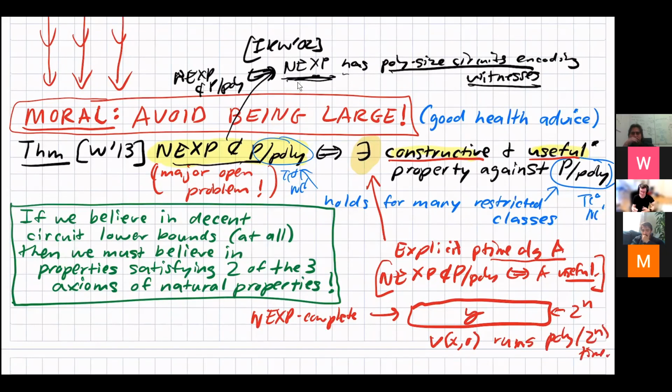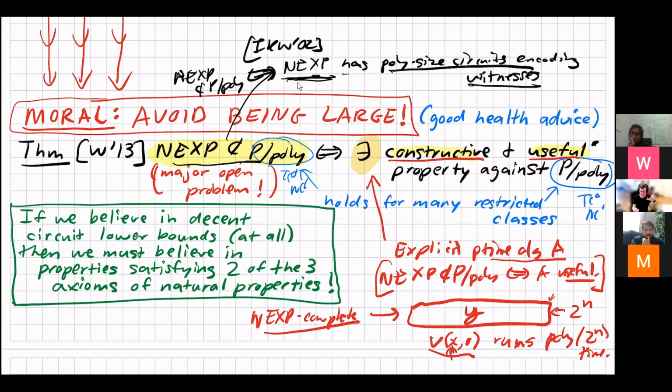This thing is just checking whether a given witness makes the verifier accept or not. That's what the polynomial time algorithm does: it's running the verifier on some implicitly encoded X and the input Y. So this is just some verifier for an NEXP complete problem.